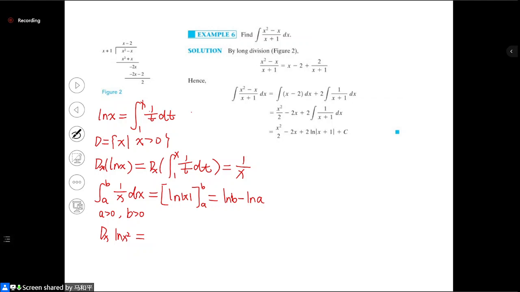We have learned the properties of the ln function.